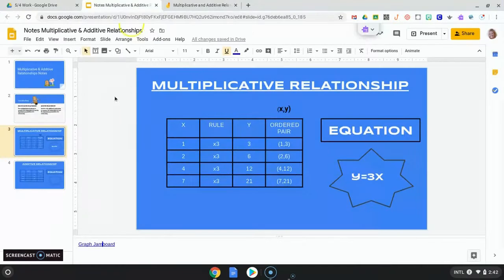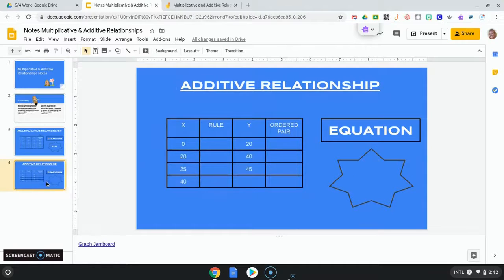All right. So that's multiplicative relationships. All right, moving on to additive relationships.